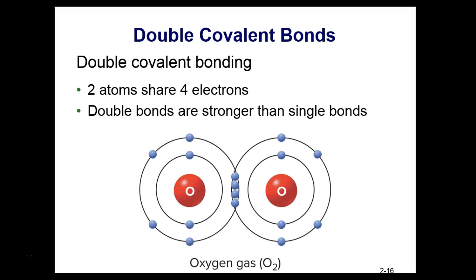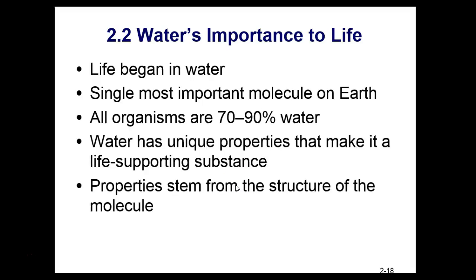So you're going to have 6 on the outer shell, and of course you're going to have 2 on the first shell, but you're going to need 2 more on this second shell here. So another oxygen is going to come in, creating the oxygen gas. They're going to share these 2 electrons, making it 8, and of course when they share, it's going to become a double covalent bond. All right, so we're going to look at some properties of water.